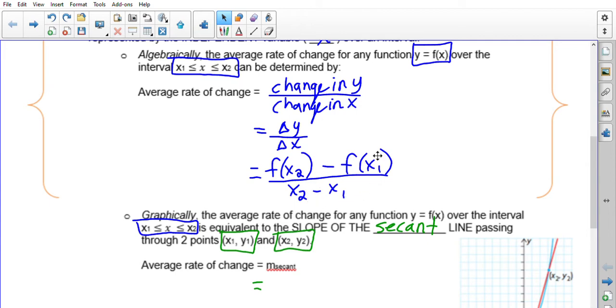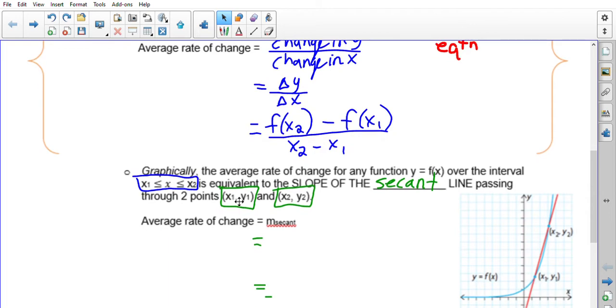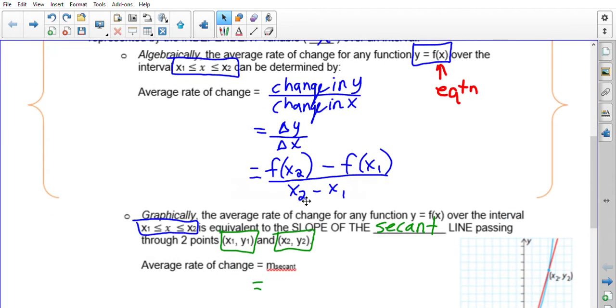Okay, so you're going to do that when you have an equation. Okay, and then they give the interval here. All right, so that's how you can do it algebraically.